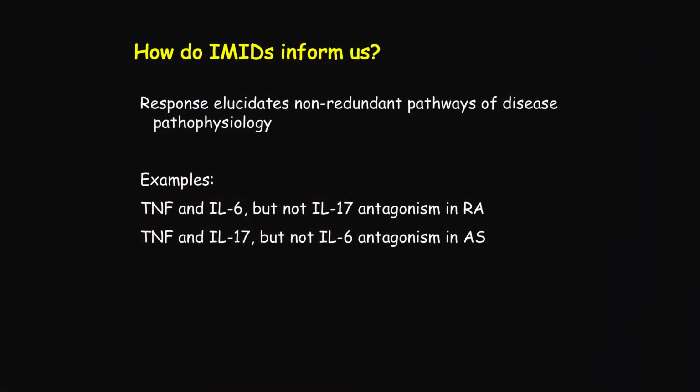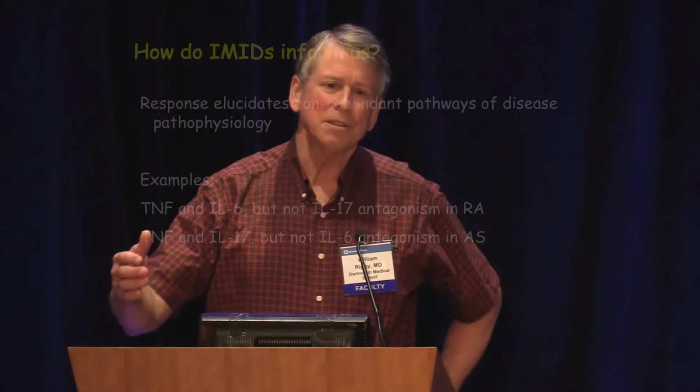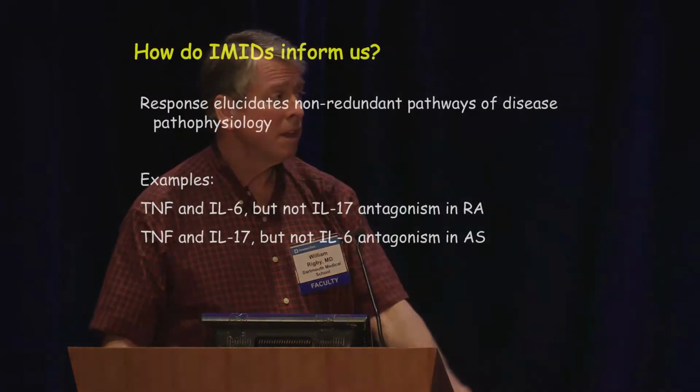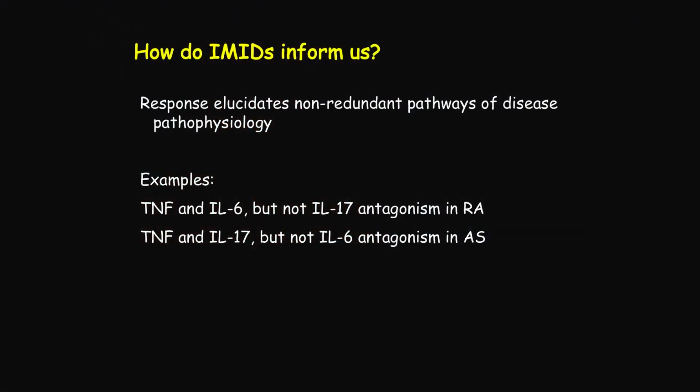So how do IMIDs inform us? Well, they inform us because in contrast to all the mouse data, where the mouse studies have predicted that IL-17 inhibitors would be great for everything from inflammatory arthritis to multiple sclerosis, when you take them into the human with biologics, the answers have been very clear. TNF and IL-6 have non-redundant pathways.